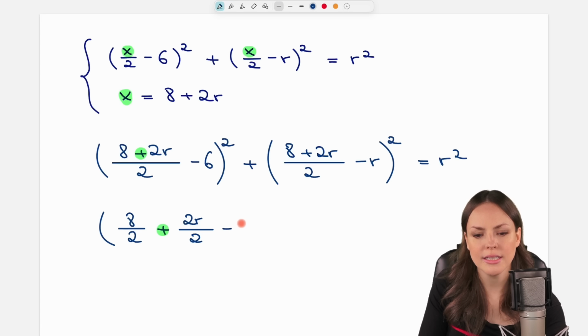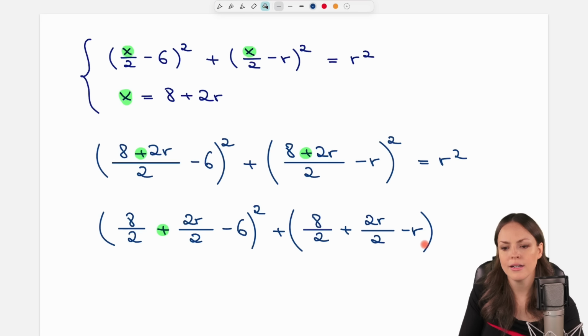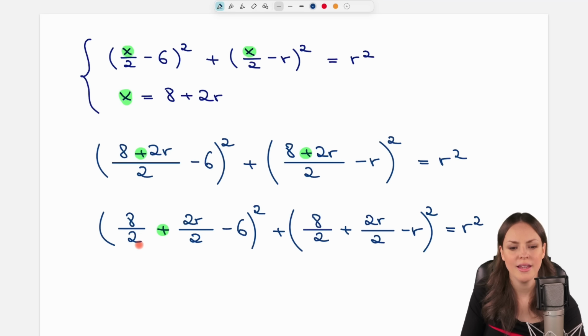We subtract the 6 and square this thing. Then we could do the same here again. Because of the plus, we can write it as two separate fractions. 8 over 2 first, 2r over 2 then. We subtract the r, square this entire thing, and on the other side we still have the r squared.